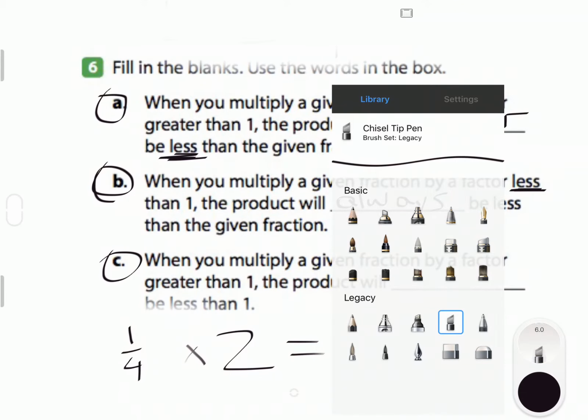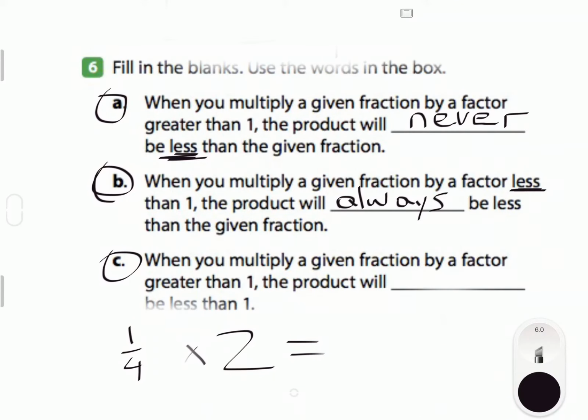Is our answer going to be less than 1? Well, sometimes. So we have 1/4 times 2. 1/4 plus another quarter is 50 cents, or half a dollar, right? So we could have put that over 1 and worked it the way we're used to, but we can also just make sense out of it using what we know. This product, the answer, is less than 1.